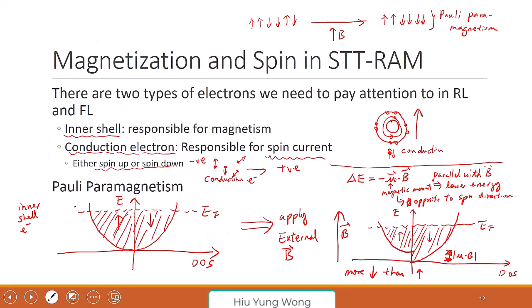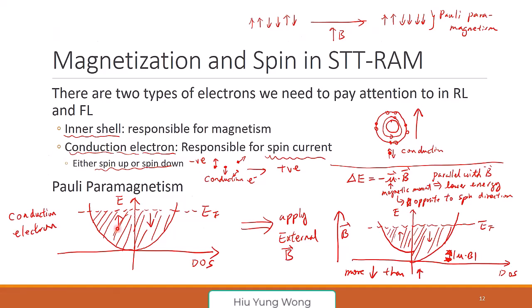Actually, I'm sorry. I think I said something wrong. This is not for the inner shell, okay? Because we're talking about the density of states, that is actually the conduction electrons. We're talking about how the conduction electrons distribute, right?